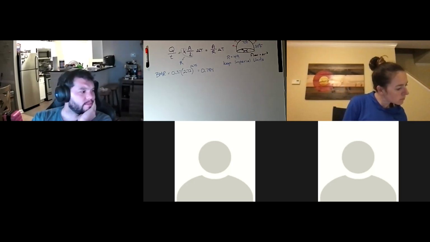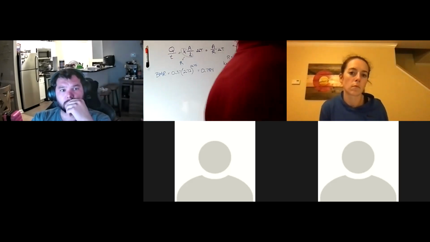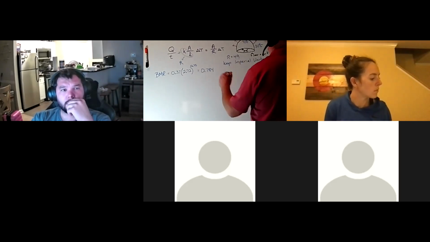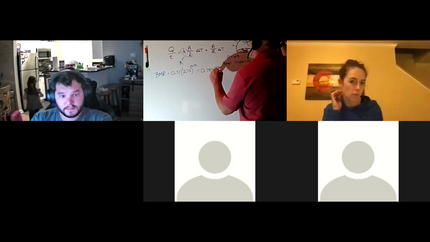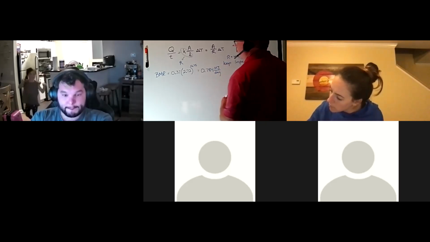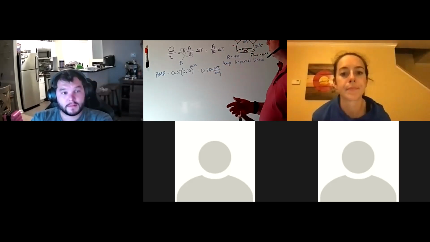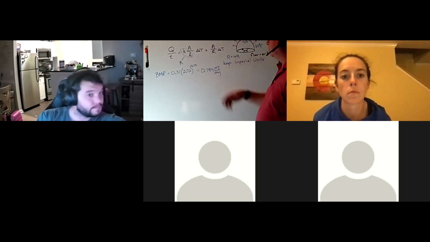All right, so if you can still see my whiteboard, I've got 0.784, and that's megajoules per day. That's how much this dog is throwing off, this many megajoules per day.